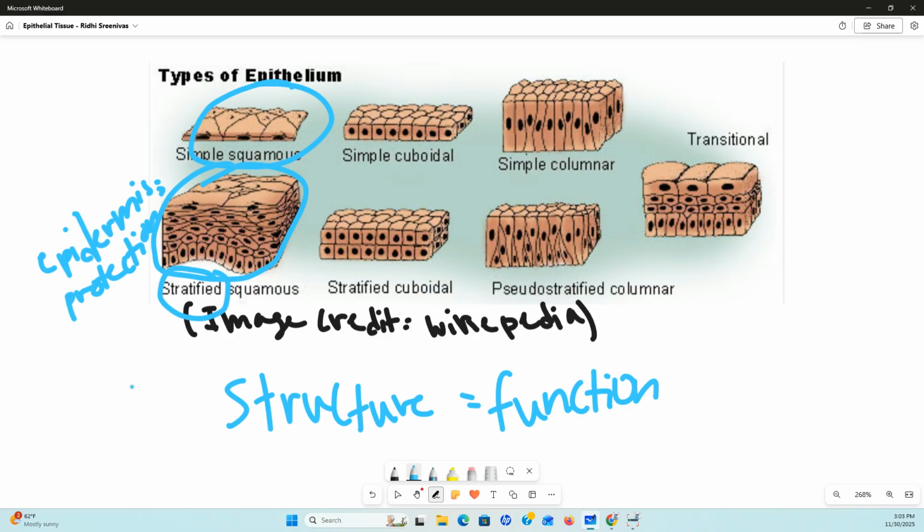And then now we can tell due to the shape being squamous, having that flat scale-like shape, that these cells can effectively pack together, also contributing to function, because squamous cells can pack together tightly compared to the other shapes. So therefore also telling us, oh, that this structure, this organ must be good at protection.